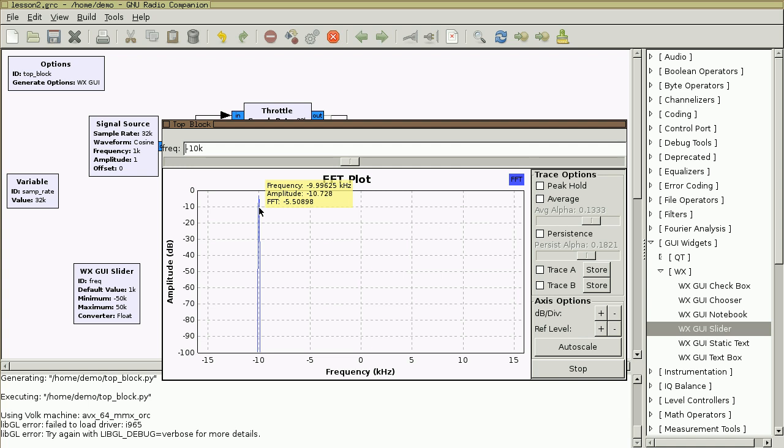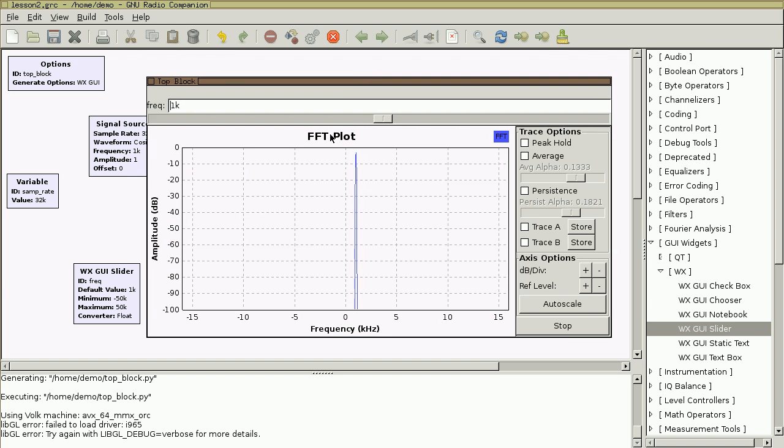Now, question 7. Does the plot indicate the presence of any frequencies other than the one produced by the source? Hint, use auto scale. Now, before I do this, I'm just going to set this back to the default, just so it looks the same as other people's graphs. And I'm going to use the auto scale button, or you could use the increase dB per division button.